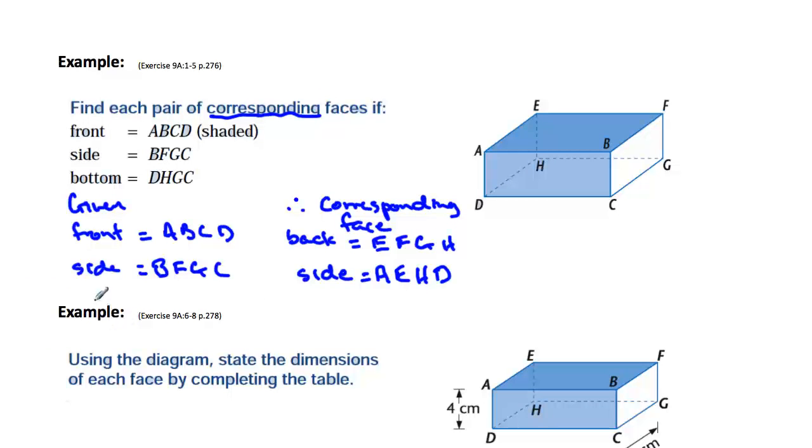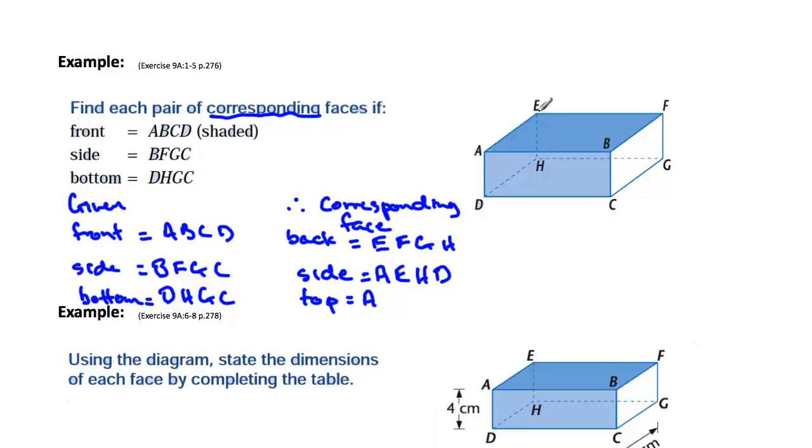And finally, if we look at the bottom of the box is D, H, G and C. And therefore the corresponding face would obviously be the top. And once again, if that's D, we'd have to have A as our corresponding corner.